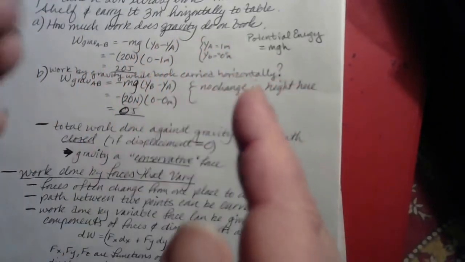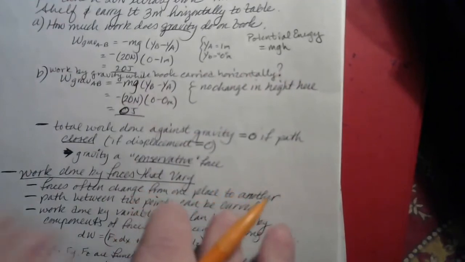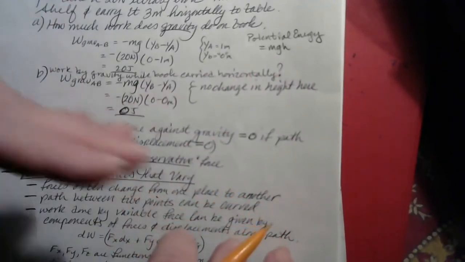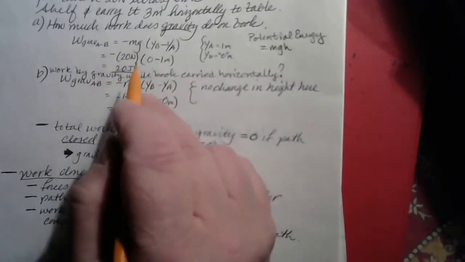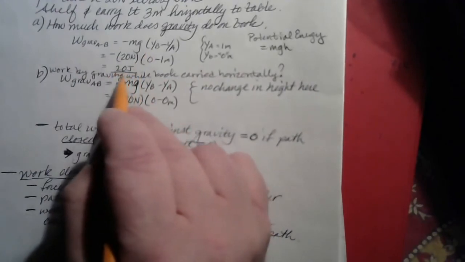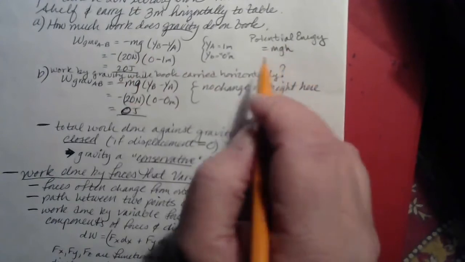So when you're asking how much work does gravity do on the book, you're actually basically asking what is its potential energy when it sits there on the shelf versus when it's coming down to the level at which you're carrying it. Okay, so the potential energy, or the work done by gravity in lowering the book, is 20 joules. Or in other words, its potential energy changes by 20 joules.